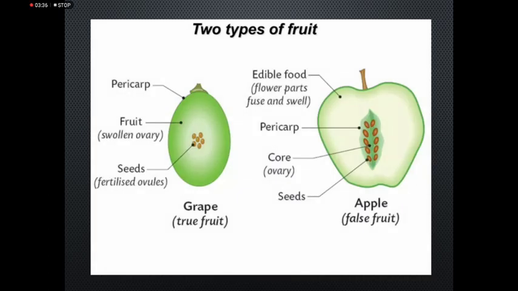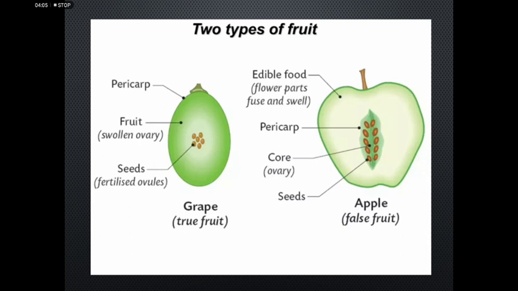Two types of fruits. Here, first one is true fruit and second one is false fruit. In the first case, we can see the pericarp here. That means the swollen ovary is converted as the fruit and inside the fruit there are seeds. While in the second case, apple, false fruit, the edible portion is false.